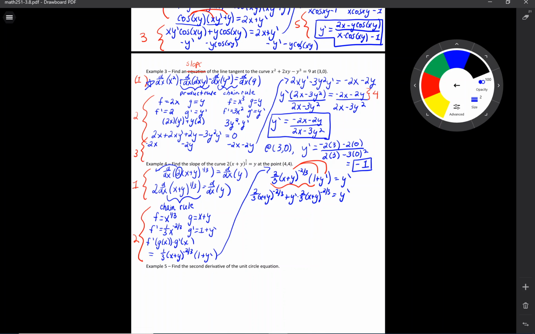I can see that one of my terms does have a y prime on it. So I'm going to subtract this term over to the other side to get everything with a y prime on one side and everything without it on the other. So I subtract y prime times 2/3 (x plus y) to the negative 2/3 from both sides.